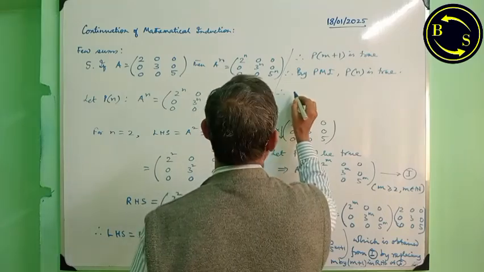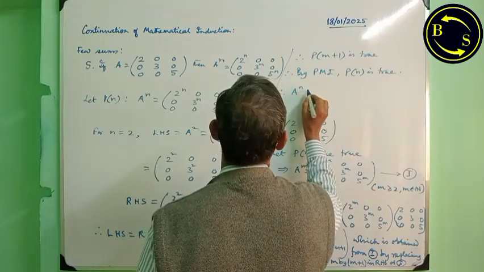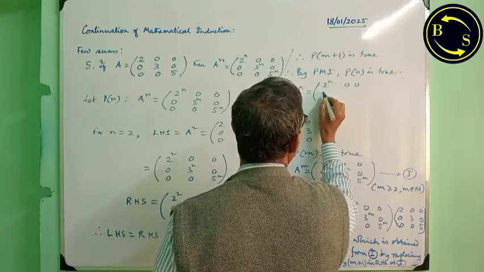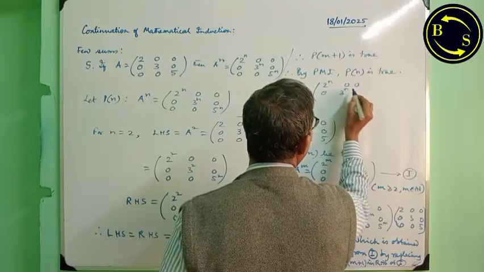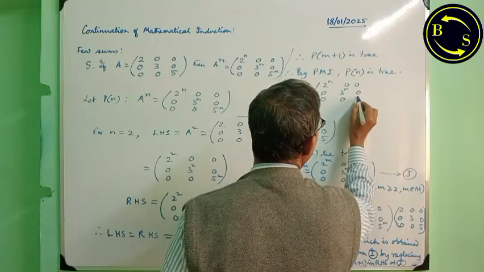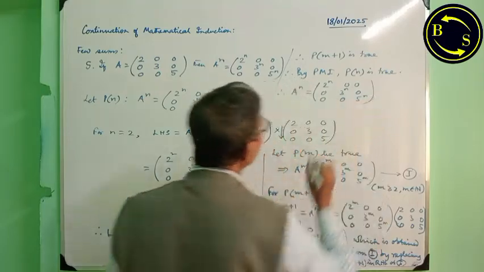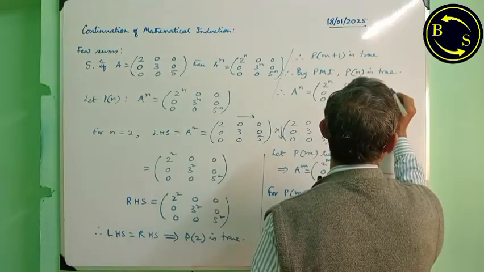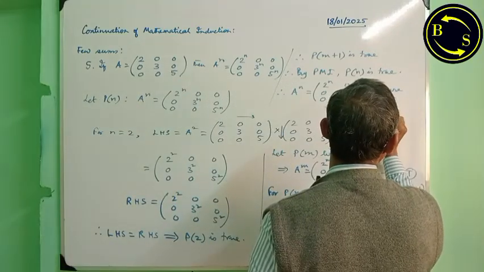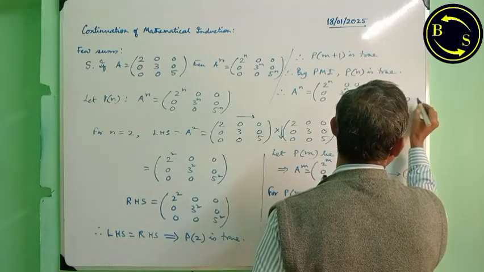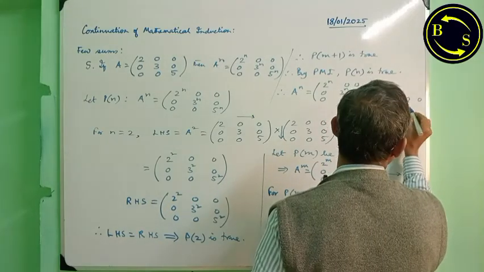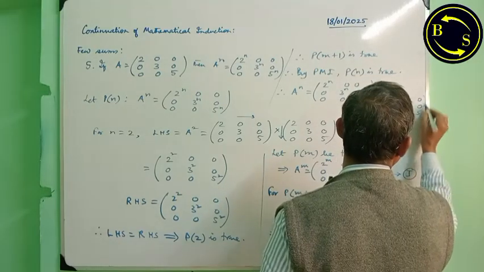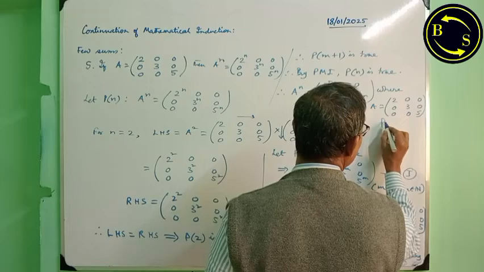Therefore, we write the final step. A to the power n is this, where A equal to [2, 0, 0; 0, 3, 0; 0, 0, 5].